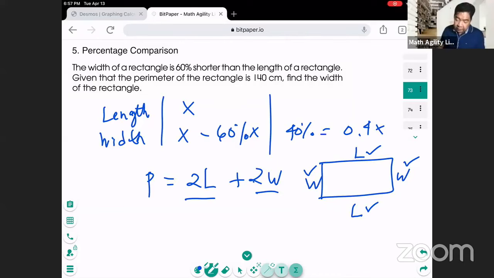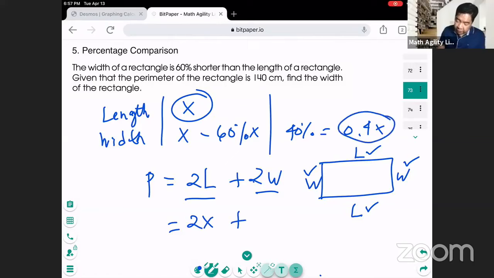So we say that the length is x, so let's substitute this variable. Instead of using L, we're using x, and then our W is 0.4x here. So 2 times 0.4x, right? So this is the perimeter. Okay, so we have another piece of information in the second sentence.